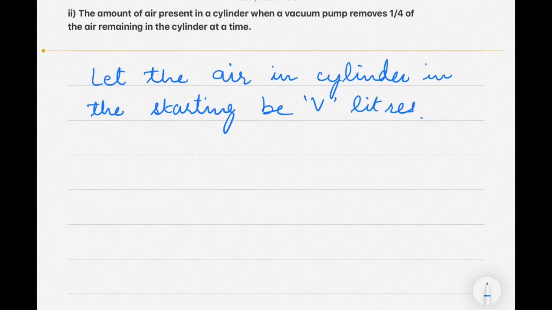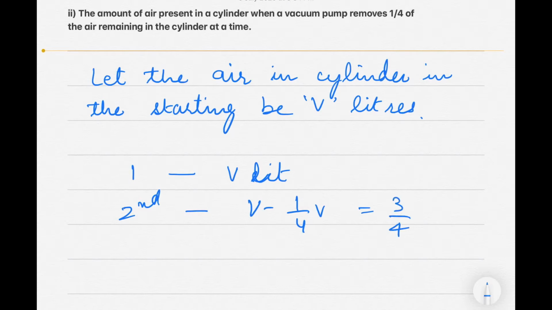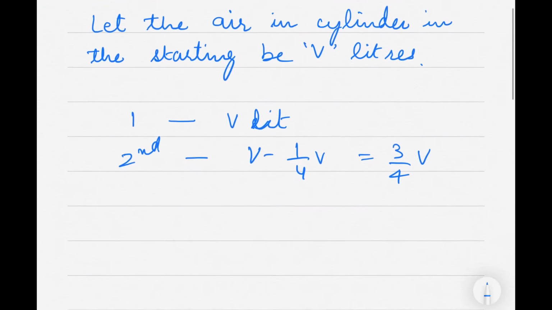So my first term of the series will be V liters. Then the second time it will be V minus 1 by 4 V, so this will give me 3 by 4 V. This is my second term.